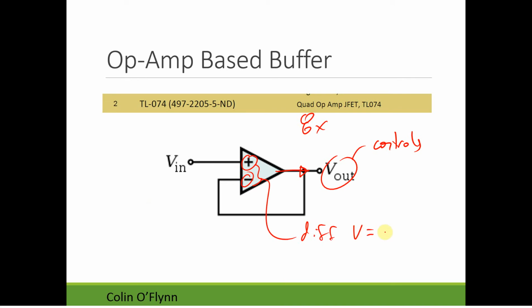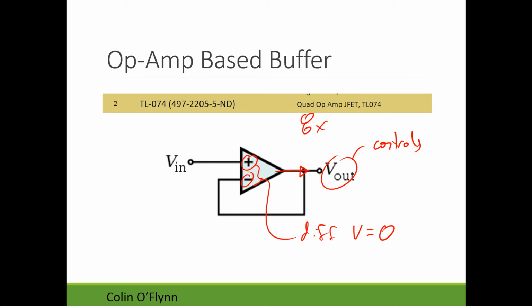Diff V equals 0. So in this configuration here is the easiest use of an operational amplifier. Whatever voltage you set at the input, it's going to attempt to control the output voltage to make the negative terminal the same as the positive. The operational amplifier doesn't know what the exact relationship is.